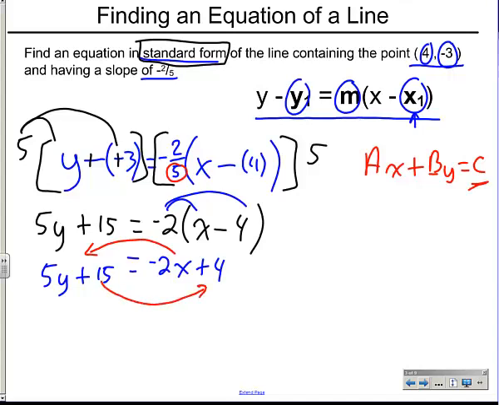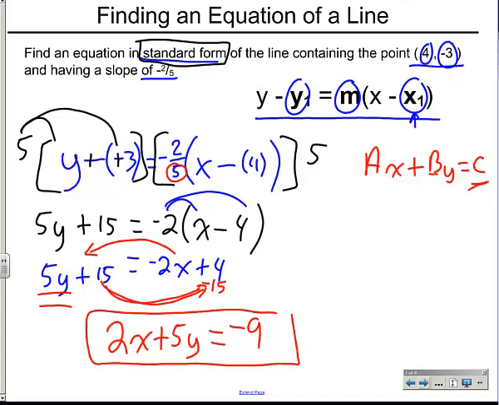So when I move the x over, I get a positive 2x plus the 5y that was already there. And when I move the 15 over, I'm going to subtract 15 from the 4 that's already there, and that's going to leave me with a -9. So my equation would be 2x plus 5y is equal to -9.